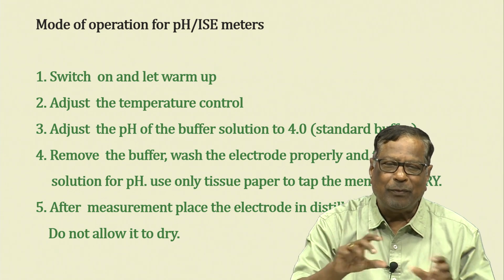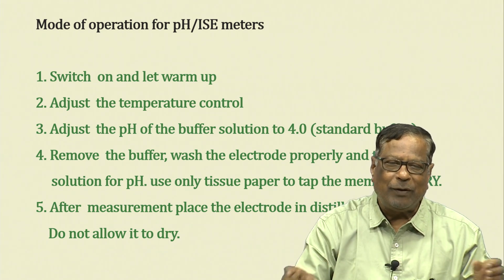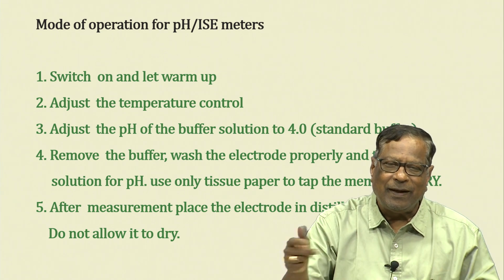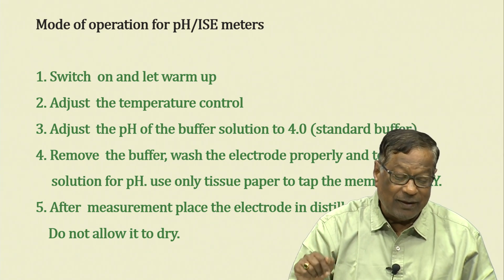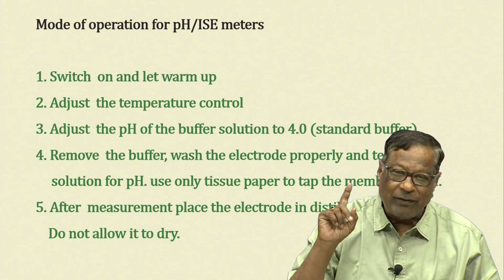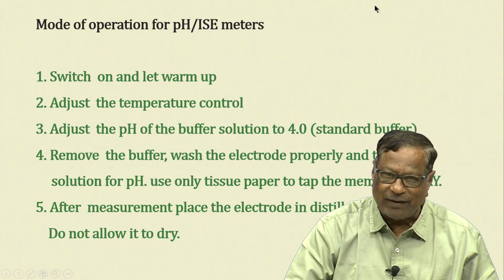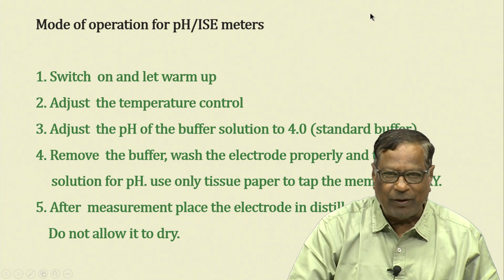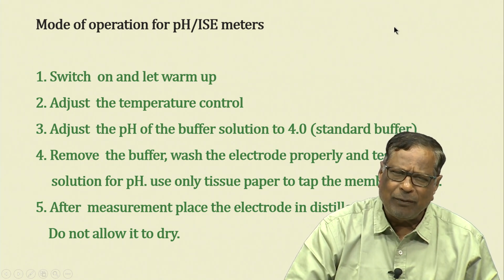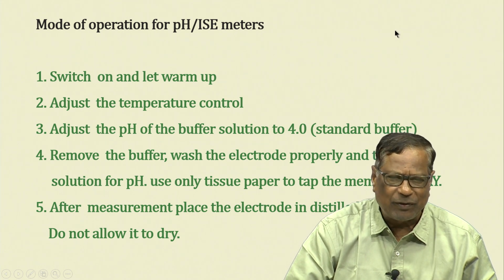So, whenever you want to measure, you just have to remove that water, put your sample solution and check. So, we standardize the pH meter once in the morning and maybe in between if necessary, otherwise next day morning. Many people do it once in a week or something, that is also possible.